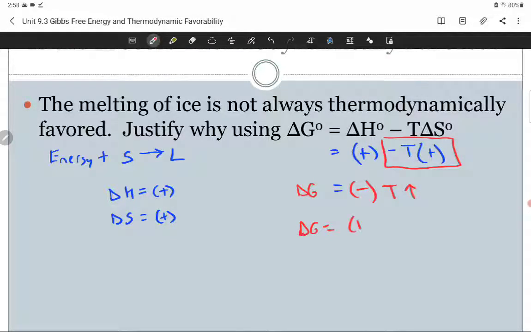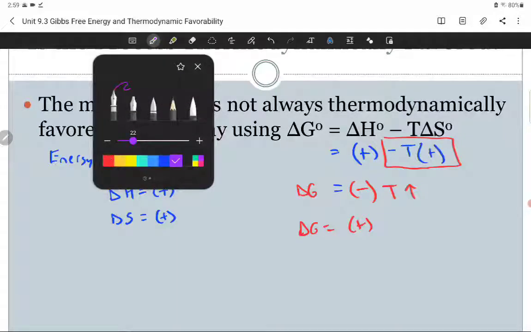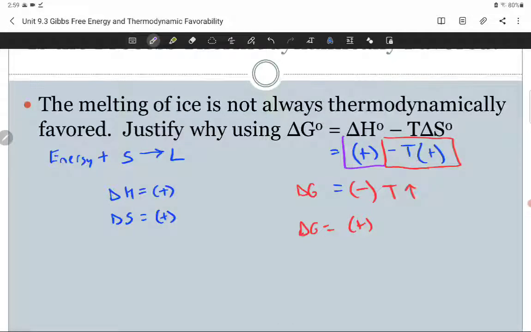Delta G would be positive if that part of the equation is bigger, if it has a more significant value. And when would that occur? When the temperature is low. So a low value for T times whatever that delta S is would not possibly be as large as the delta H value. And we know this is the case.